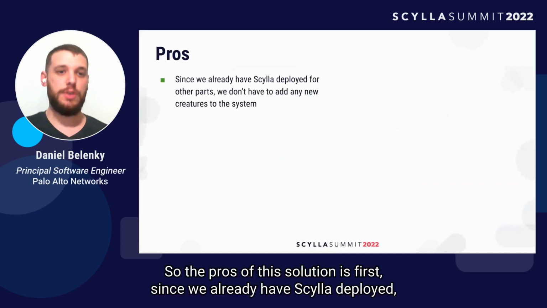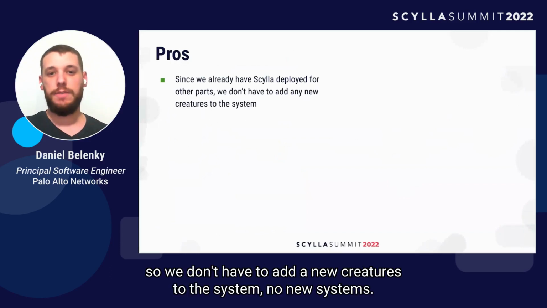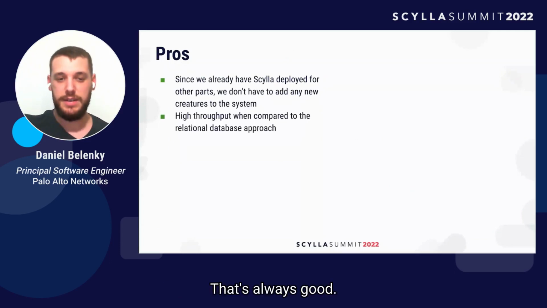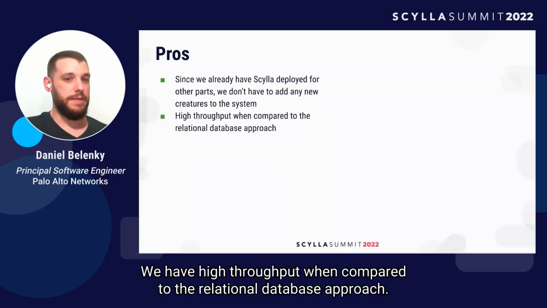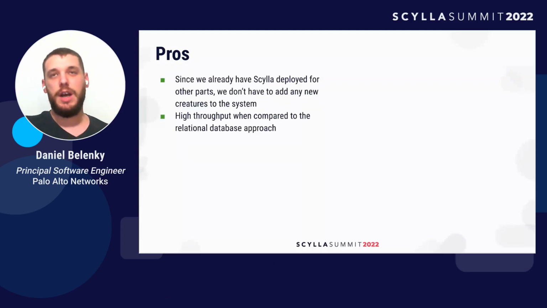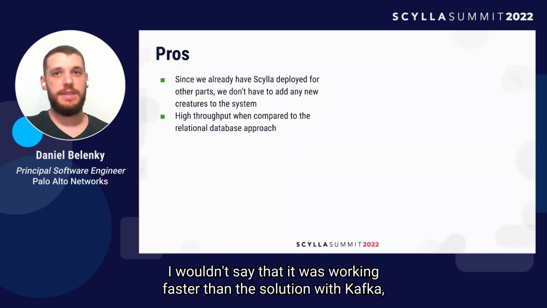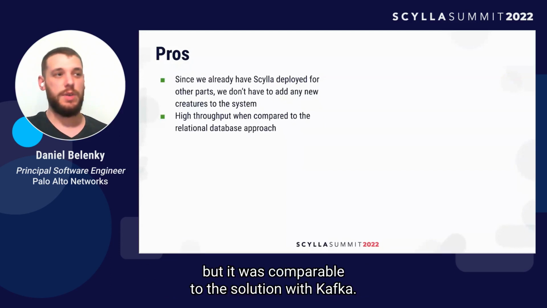So the pros of this solution is, first, since we already have Scylla deployed, we don't have to add a new creature to the system, no new systems. That's always good. We have high throughput when compared to the relational database approach. I wouldn't say that it was working faster than the solution with Kafka, but it was comparable to the solution with Kafka.